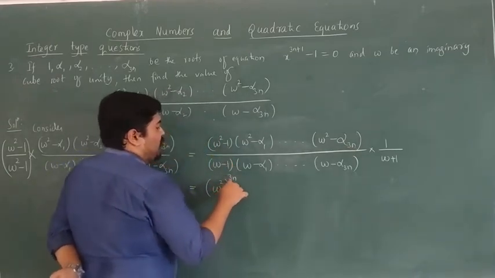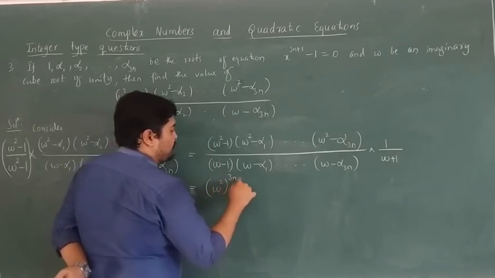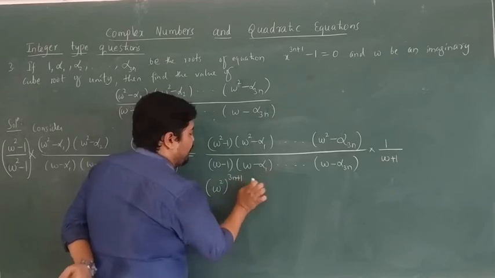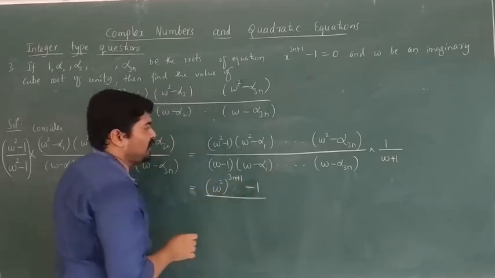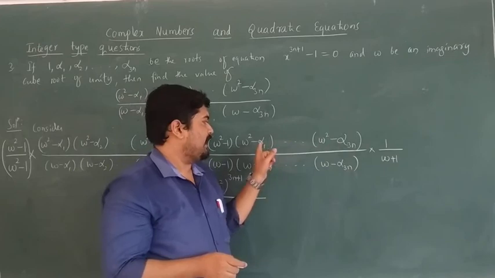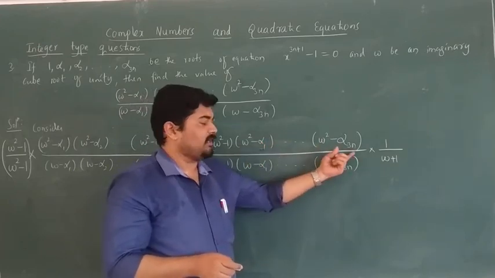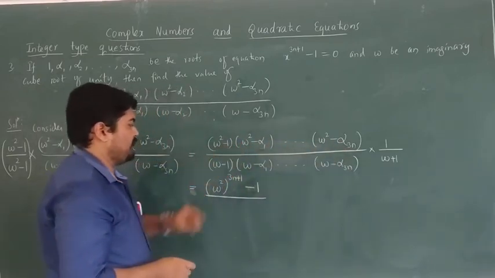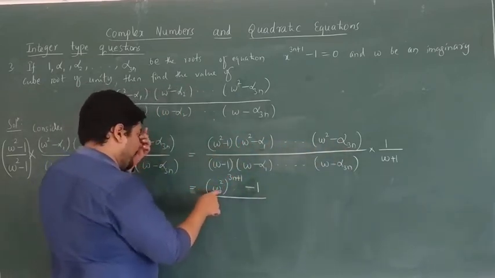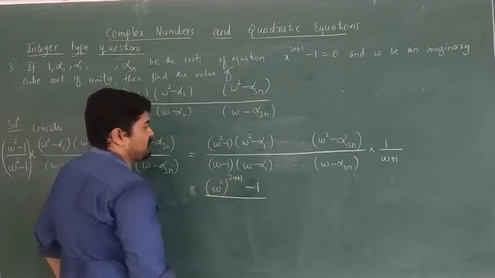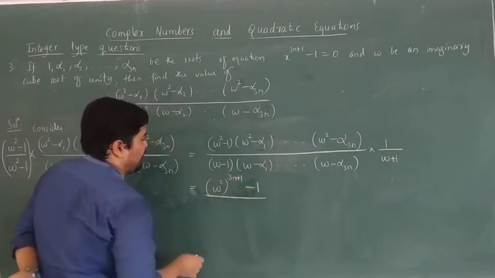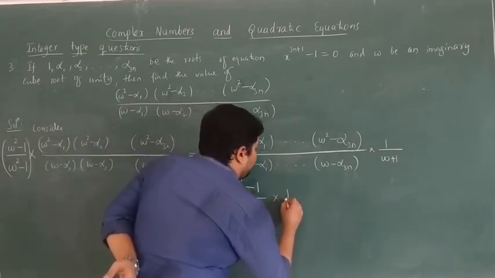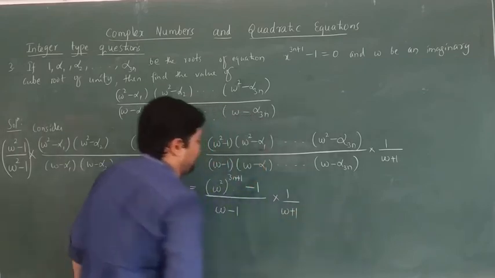Therefore, you are left with ω² to the power 3n plus 1, minus 1, multiplied with 1 divided by (ω + 1) as it is.